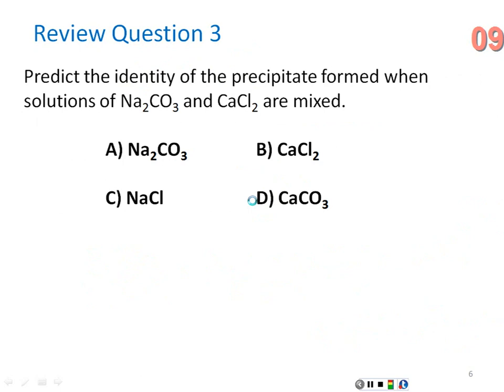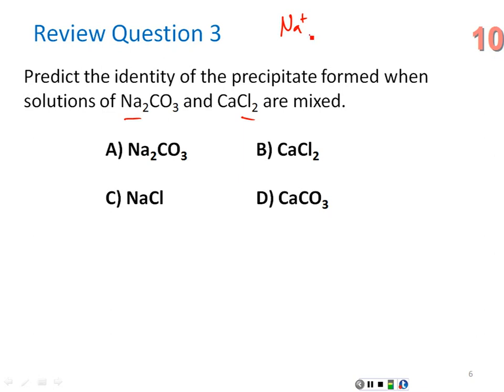Okay, finally, third review question. This is more conceptual. Predict the identity of the precipitate formed when solutions of sodium carbonate and calcium chloride are mixed. To do this, you take the positive ion from one of the compounds and you add it to the negative ion of the other compound.